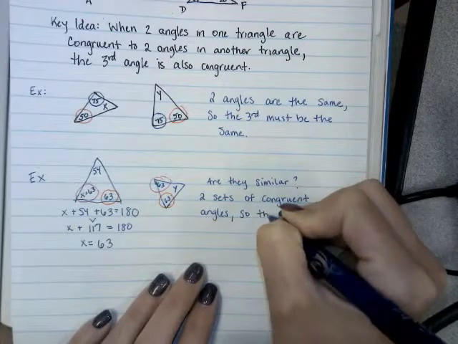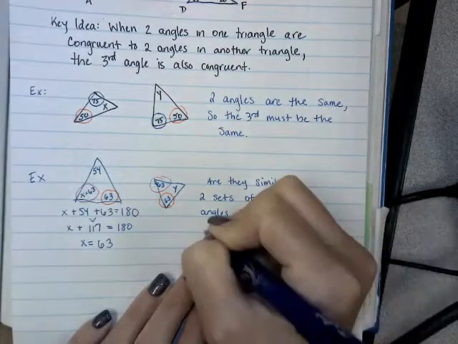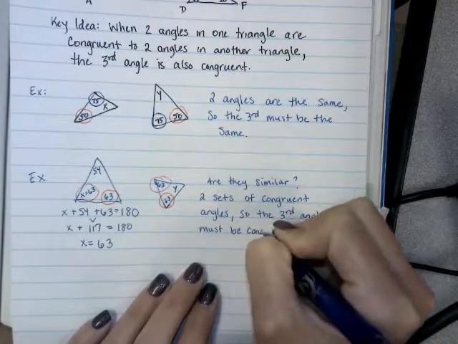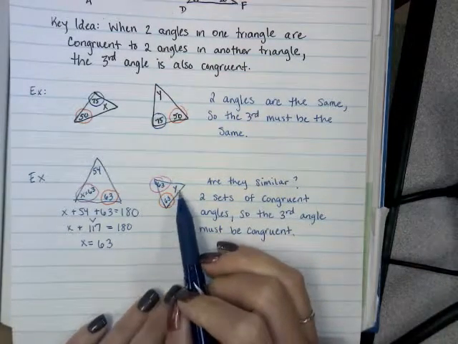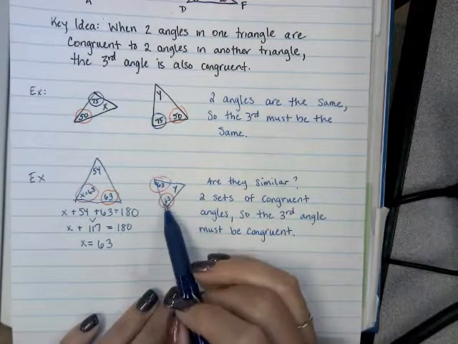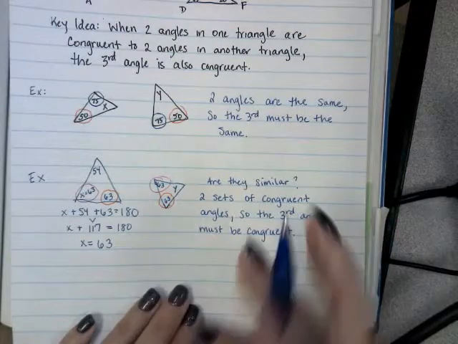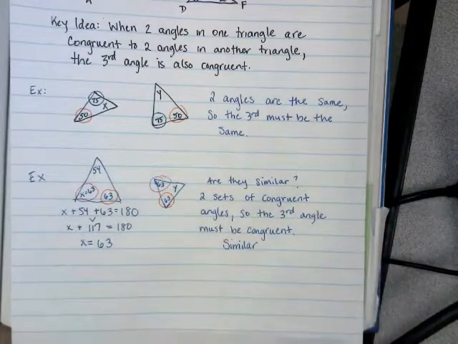So the third angle must be congruent. It has to be. The only number I can put in here is 54. 63 plus 63 plus 54 is 180. That means that these two triangles are similar.